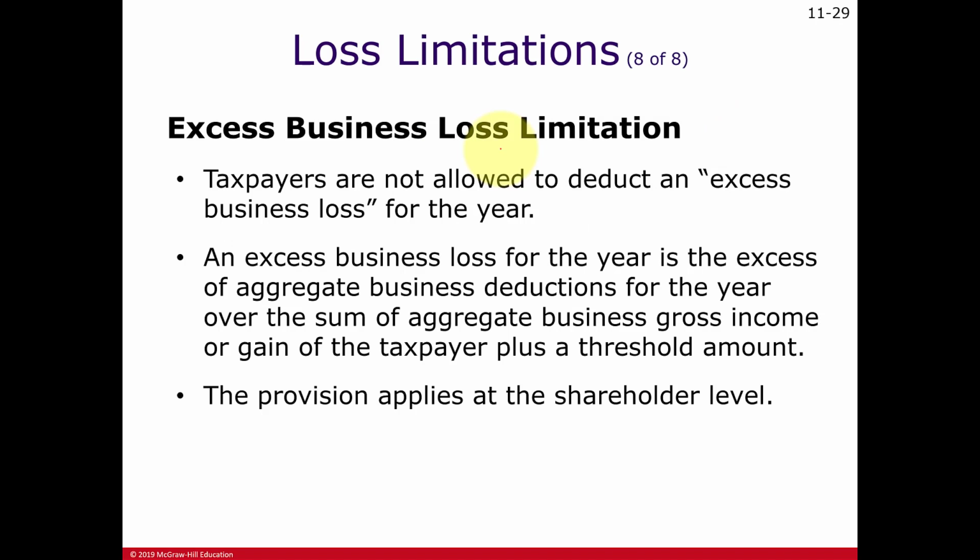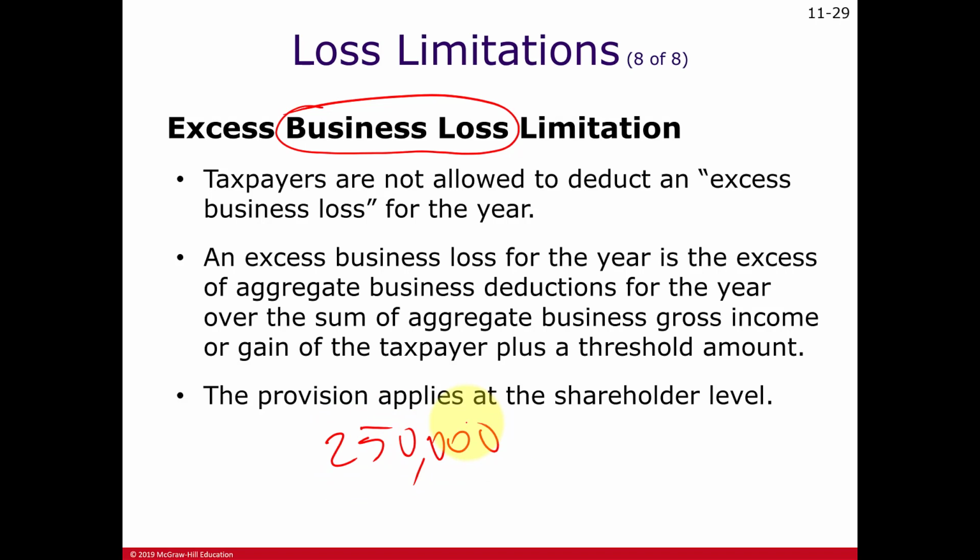This is a new rule beginning for 2018 under the Tax Cuts and Jobs Act. Remember, now we're passing through business losses either from a partnership or an S corporation to its shareholders or partners, and they can deduct business losses to the extent of any business income. And if you still have extra business losses, in the case of single taxpayers, they can deduct another $250,000 of losses against other income.